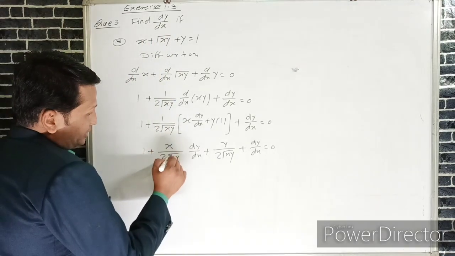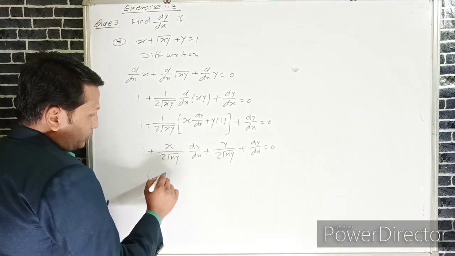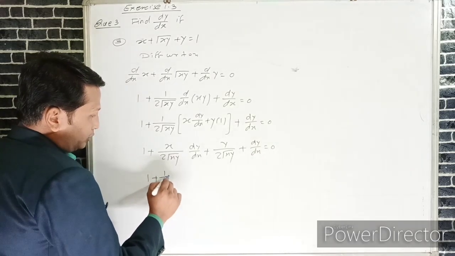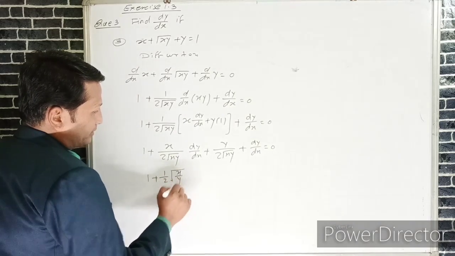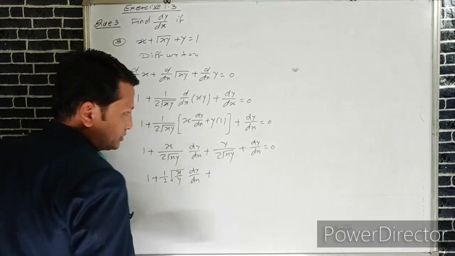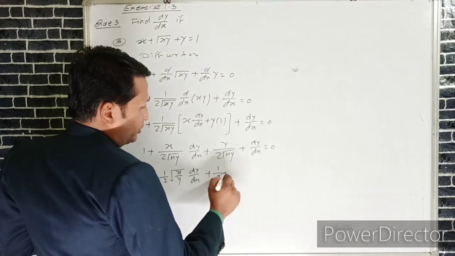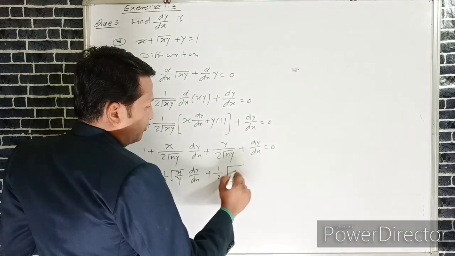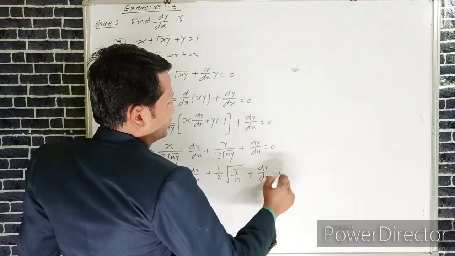If we cancel this x, we can write 1 plus 1 by 2 into under root of x by y into dy by dx, plus, if y cancels, 1 by 2 into under root of y by x, plus dy by dx equals 0.